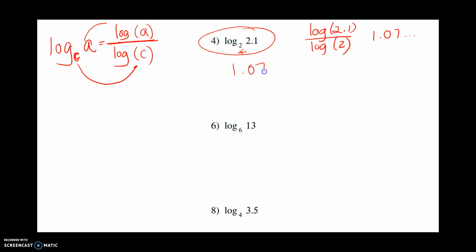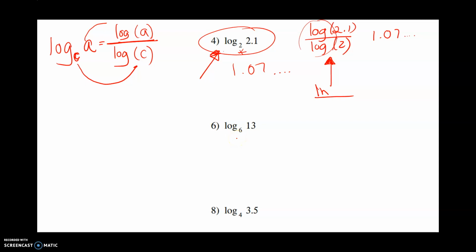I get the same answer. So I want you on the homework to do it that way. You're not just going to plug it in the calculator. You're going to use the change of base formula with any log you want. I would suggest either log base 10, the common log, or natural log, since those are on the front of your calculator. They're the easiest to do. We don't have to hit a whole lot of buttons.